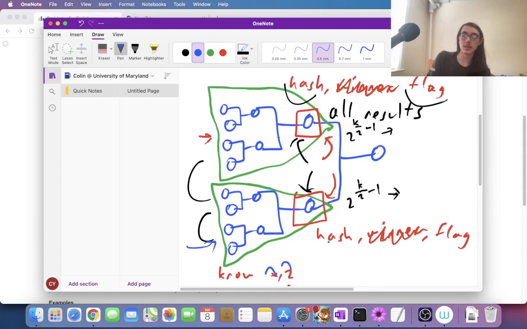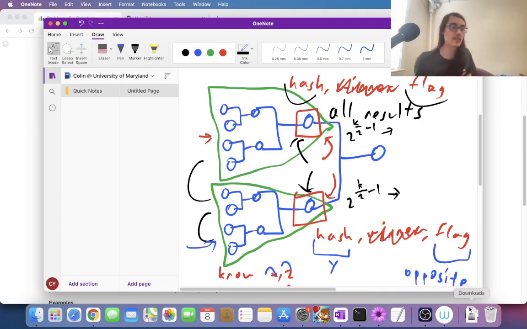And then we look for the pair where the hash is y and the flag is whatever the opposite of this flag is, because both of them can't win the finals and one of them has to. So if this guy loses, the other guy has to win. If this guy wins, the other guy has to lose. So we look for the pair of y and opposite in the map that we're using. If we ever find that, then that is our answer.